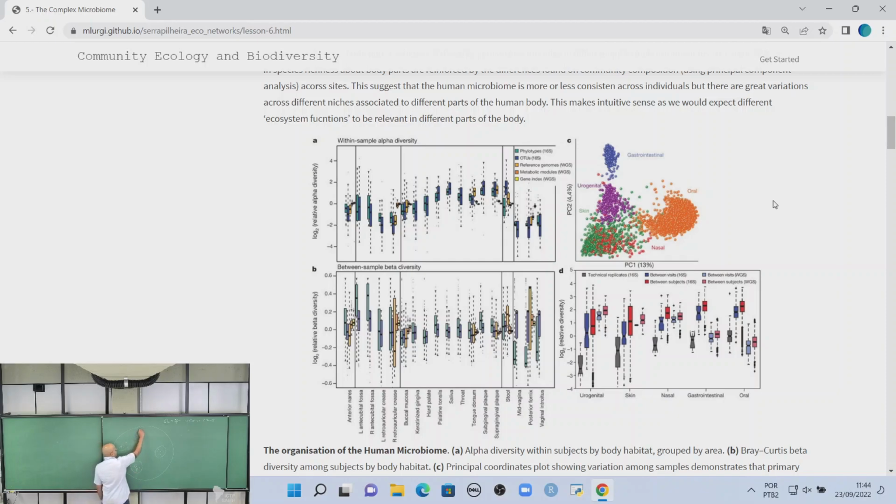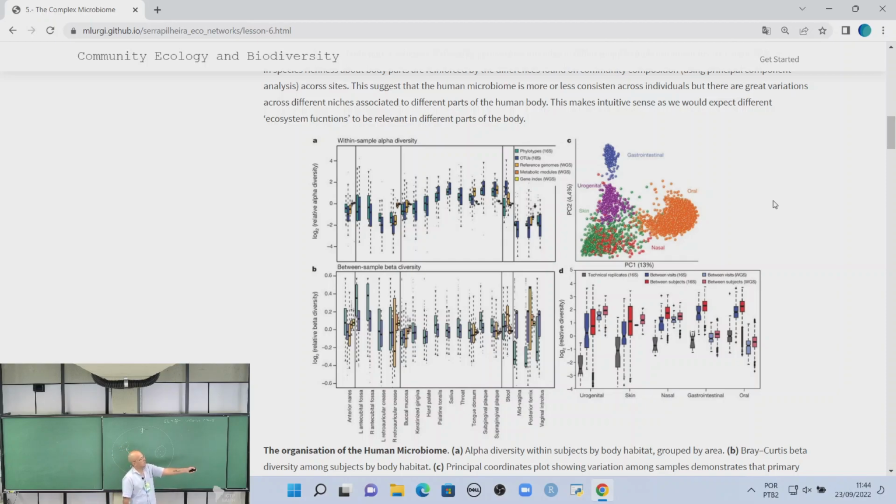Gamma diversity would be the total assemblage of all the species that you find everywhere. And beta diversity is how much biodiversity you are gaining from one place to another. So how different, what is the turnover of species between local places? And the Bray-Curtis is a way of calculating that.